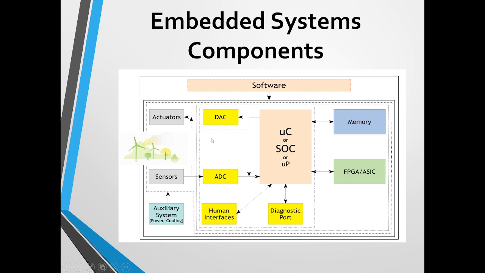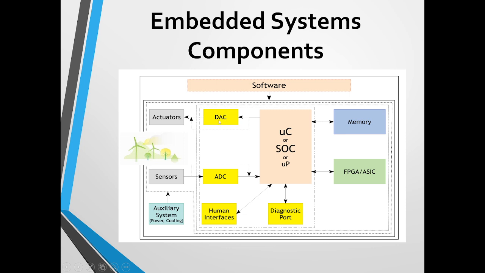So this is the basic block diagram of any embedded system, which represents any common embedded system, which includes the main component, that is microcontroller, which is the heart of embedded system.